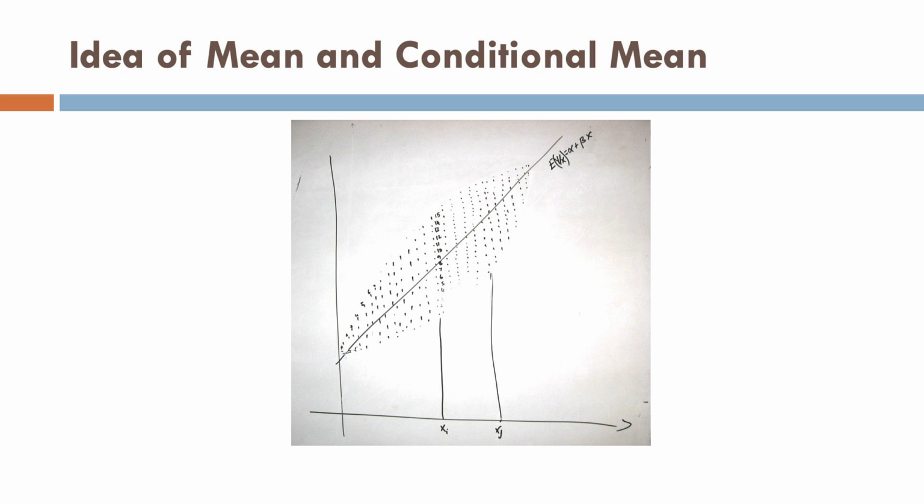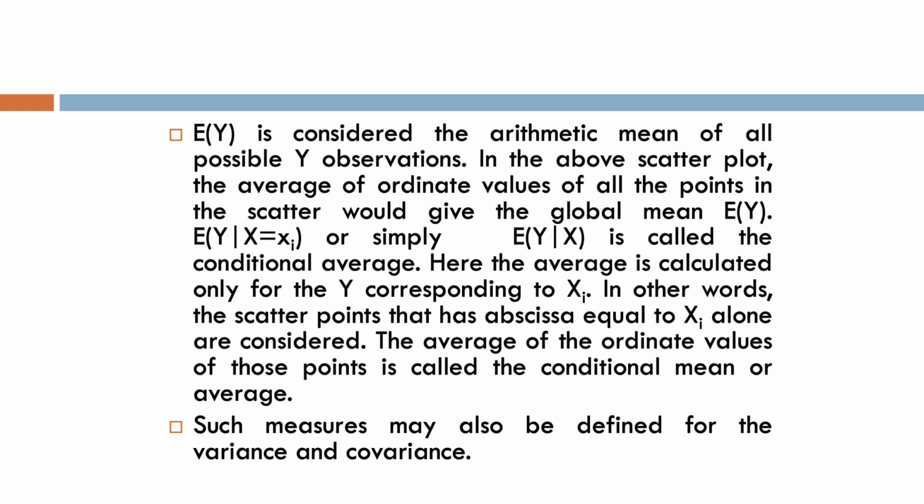Now, let us see how the average, the mean, and the conditional average or conditional mean is defined. Expectation of y is considered the arithmetic mean of all the possible y observations. You take all the observations presented in the scatter plot and find the average of it. In the above scatter plot, the average of ordinate values of all the points would give the global mean, the expectation of y.